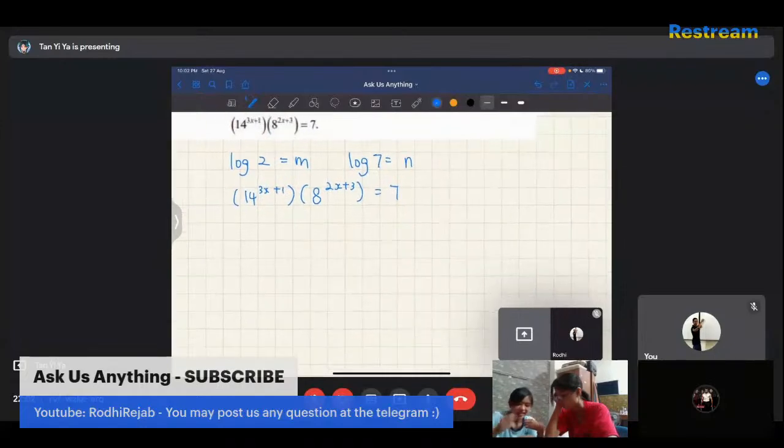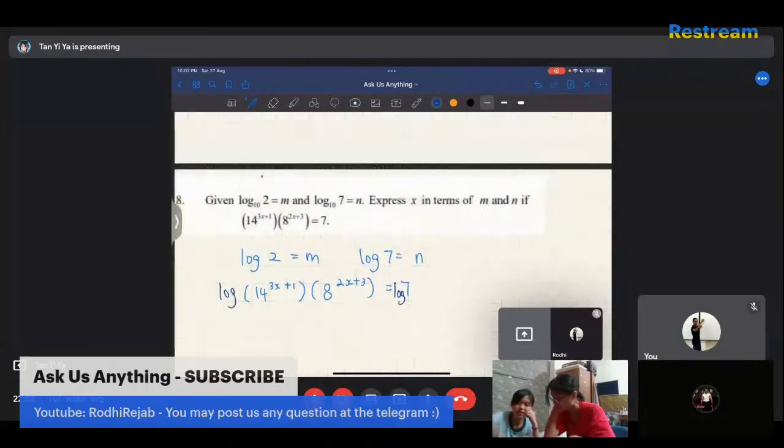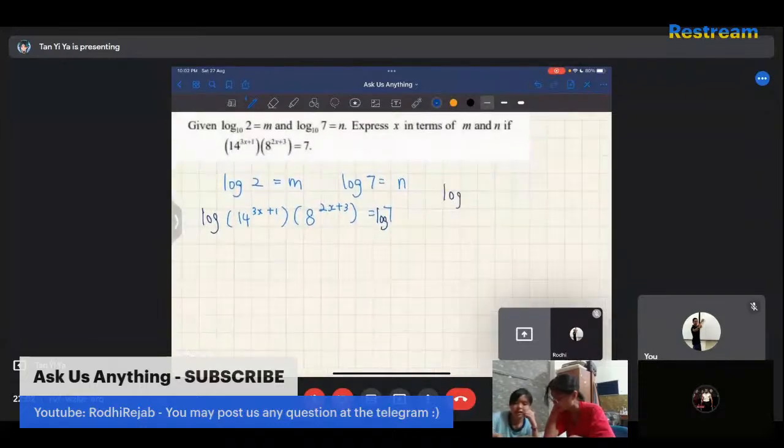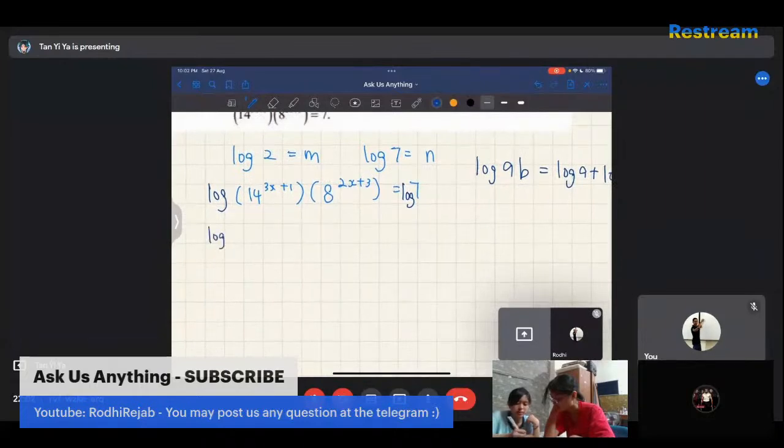When I look at this, I try to make it something simpler. We know the goal has log in it, so the first step is to log both sides. If log of ab equals log a plus log b, we can separate this.